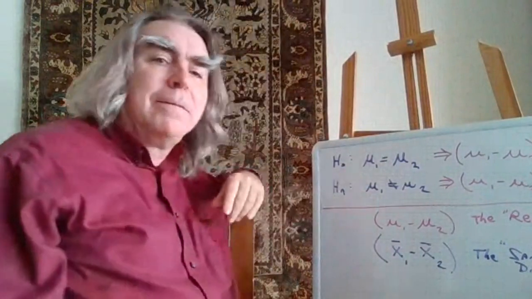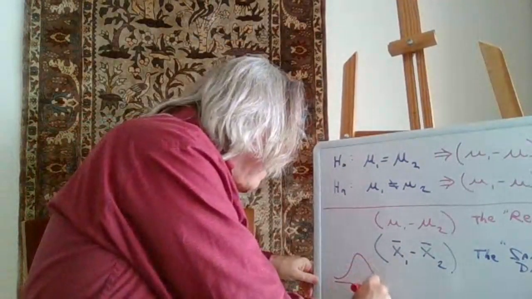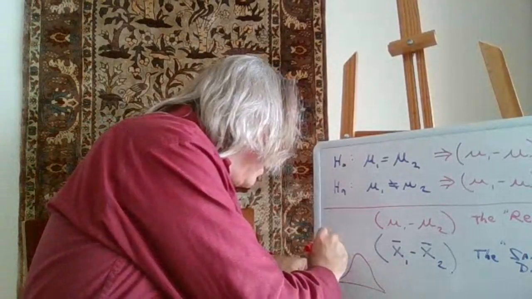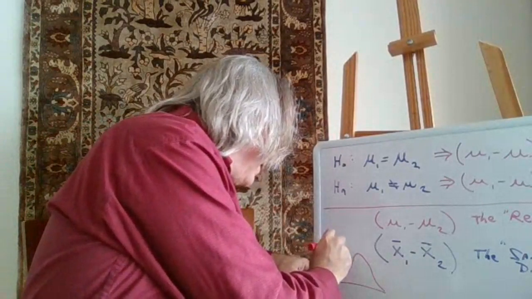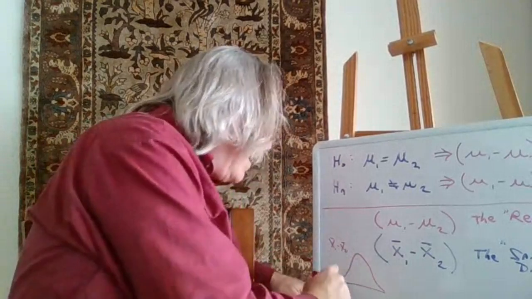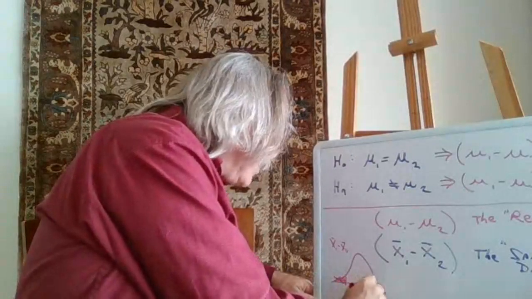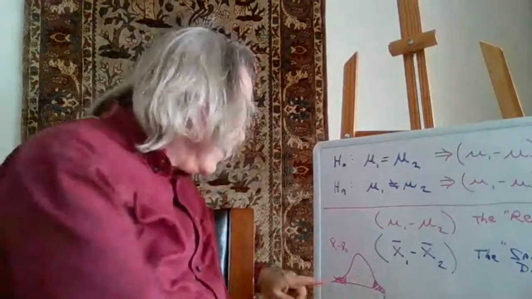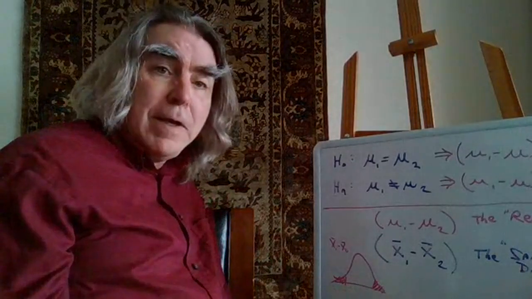So we have this, right? We draw, we're going to have the distribution of x1 minus x2 bars, right? And we draw the rejection regions. If it's two-tailed, we have both scenarios.